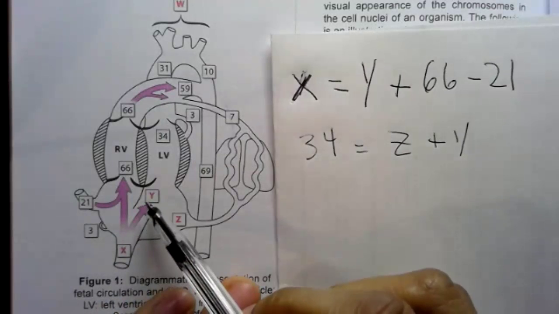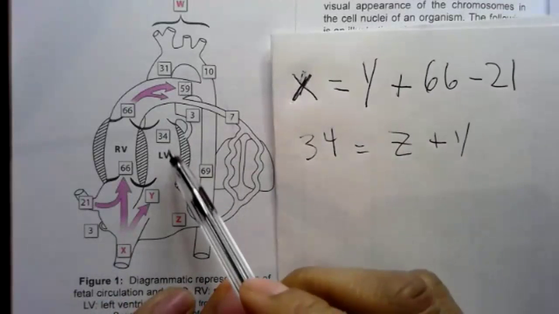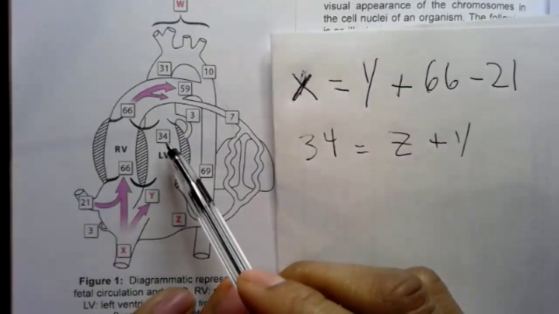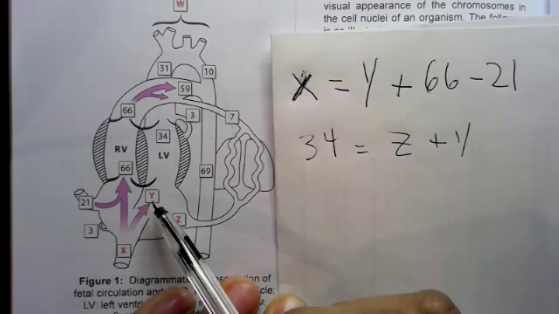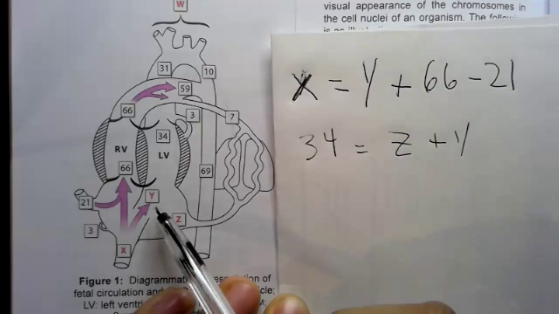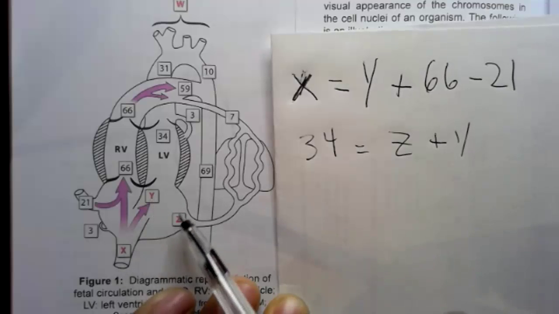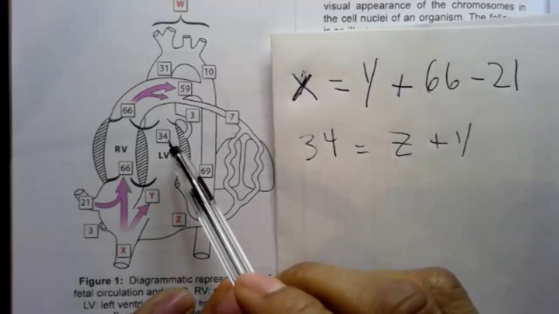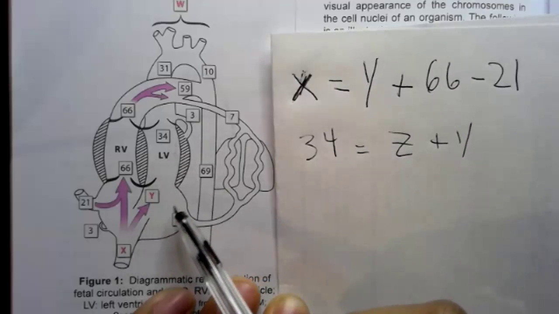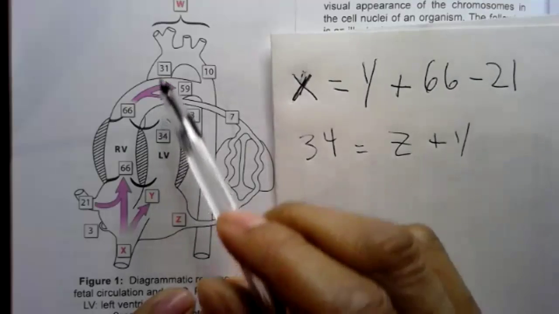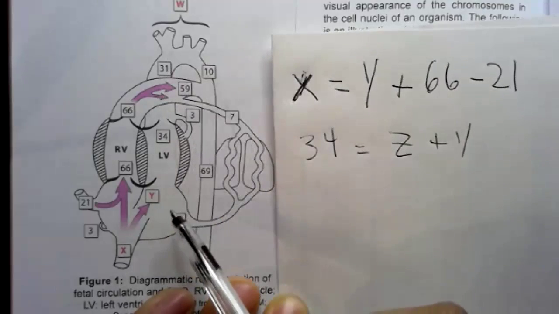And to know what Y is, well, here in the left ventricle, 34 is going to be Y and Z will contribute to 34. So Y and Z contribute to 34 before it goes in this direction.